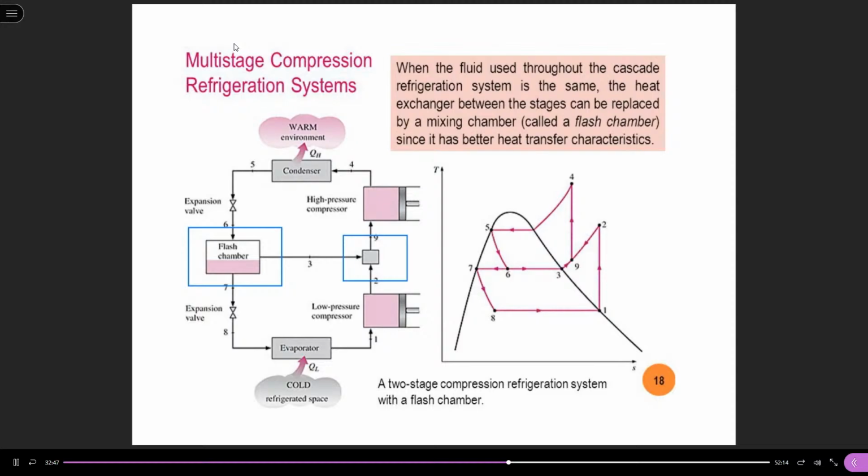So for the flash chamber, we can see the process is here.